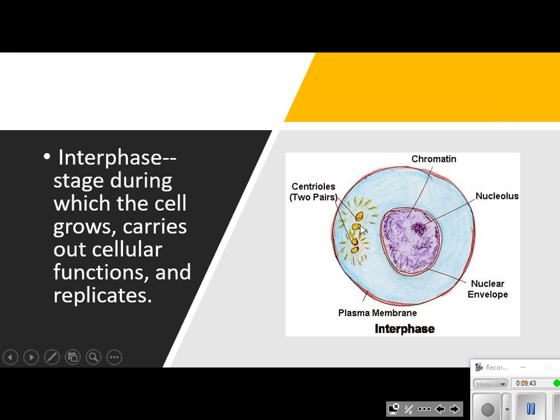Okay, I don't see centrioles yet. All right, so this is going to be something of the cell that we haven't discussed yet, centrioles. Okay, they're a big player in the whole part of mitosis and meiosis.